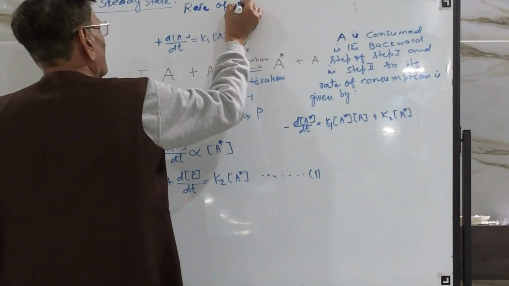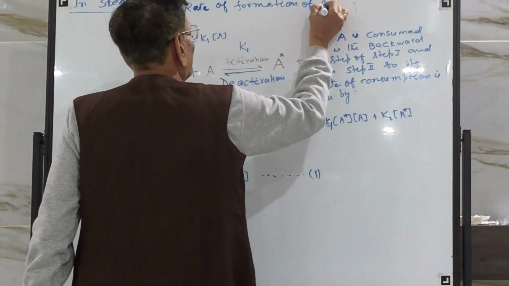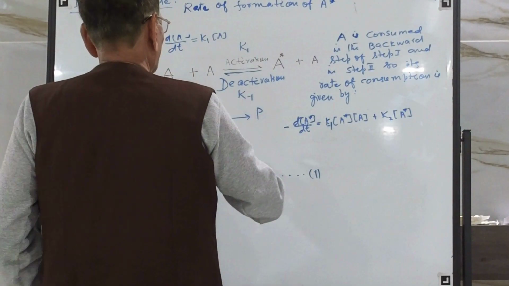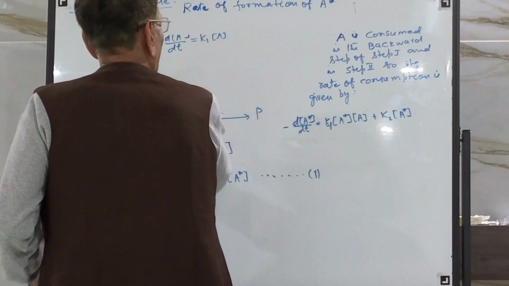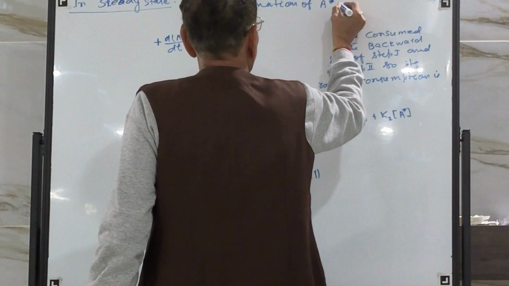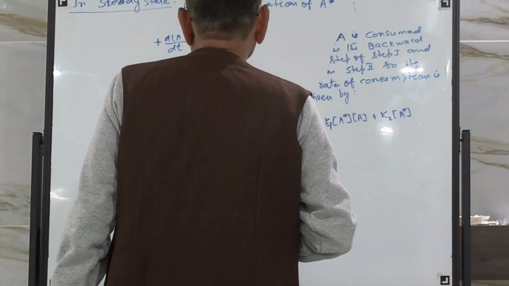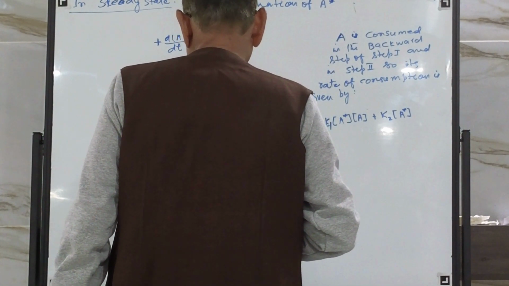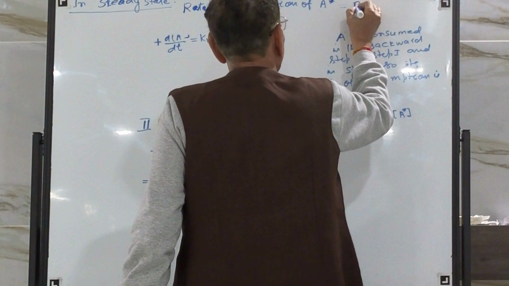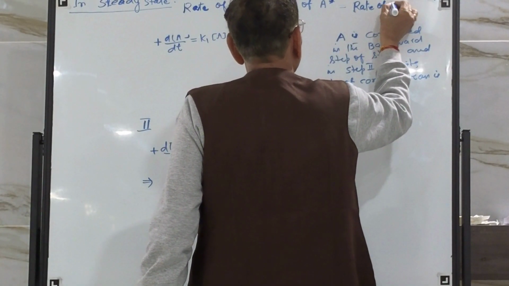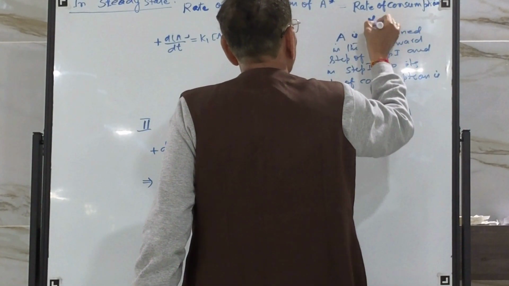So in the steady state, the rate of formation of A star must be equal to the rate of consumption of A star.